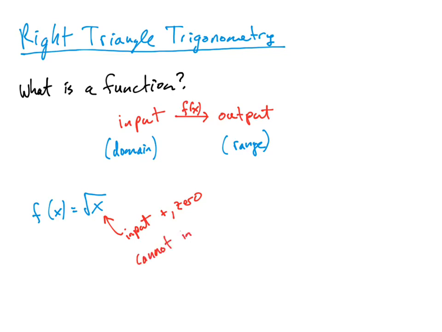So it's important to remember the types of values that we can input into a function. We need to keep these characteristics of what a function is as we start talking about new types of functions, namely the trigonometric functions.